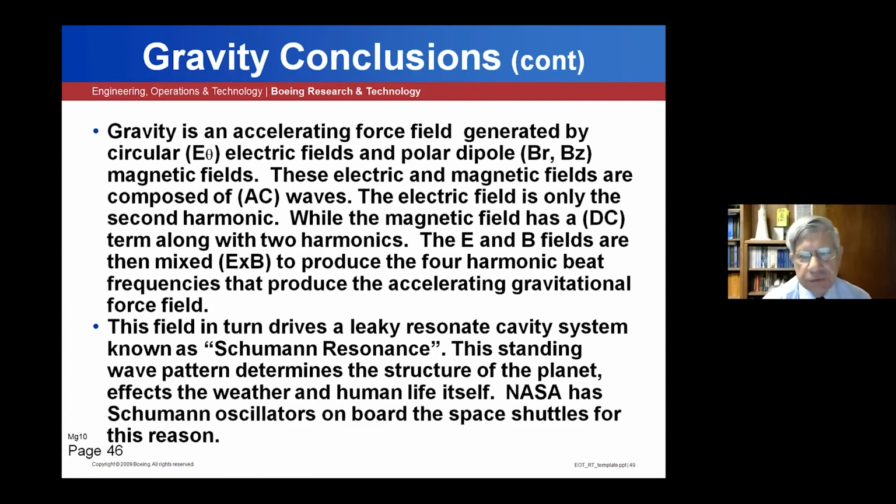This in turn drives the leaky resonant cavity system known as Schumann resonance, which gives us the background pattern on this planet, which sustains life. Now, NASA carries Schumann resonators on board the space shuttle and also the space station because when you leave this planet, your body starts degenerating or deteriorating, and being in close proximity to a Schumann oscillator, if you will, slows that process down.